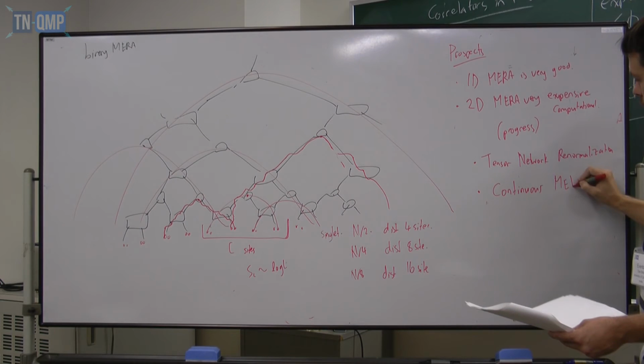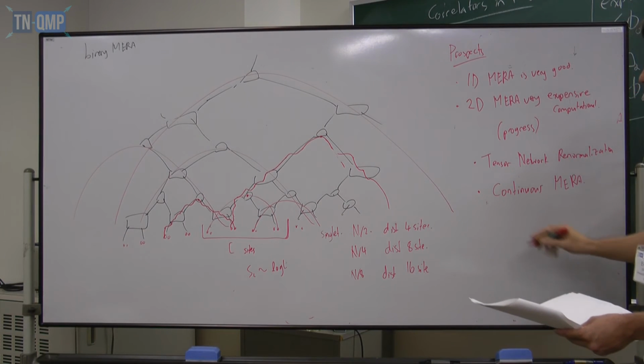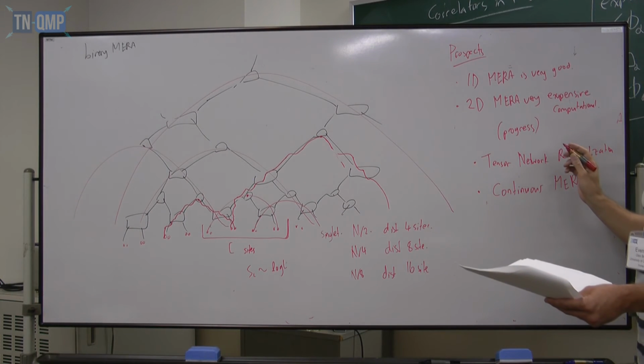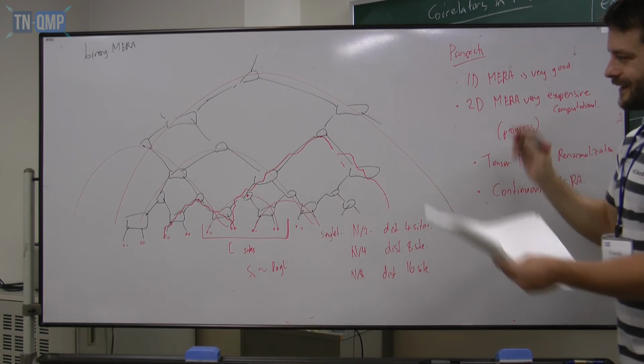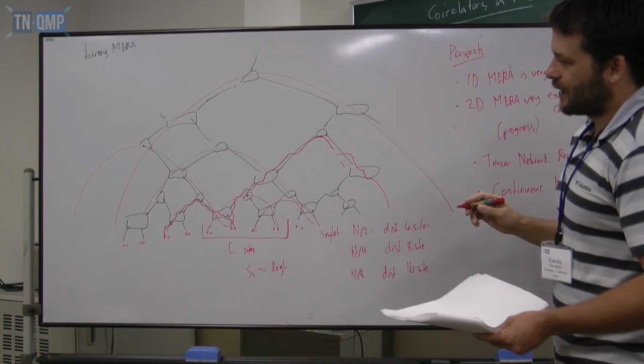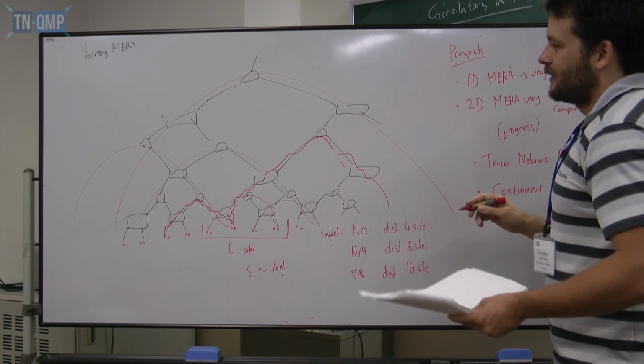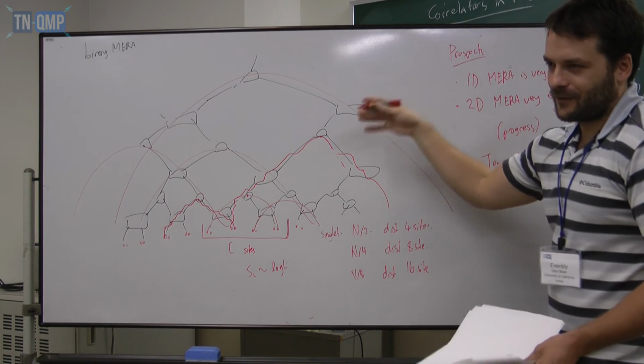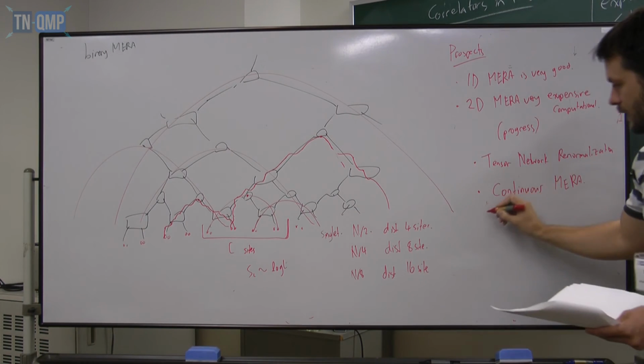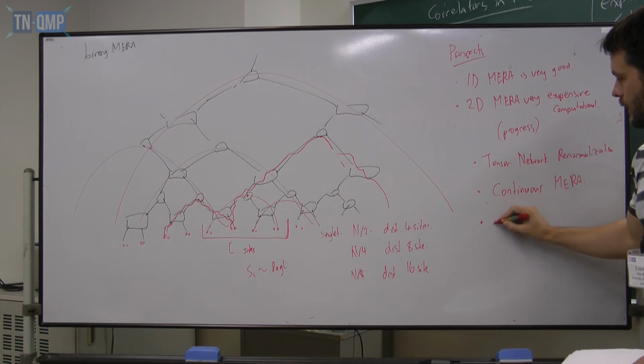We'll also learn from Tadashi Takayanagi about the continuous MERA, the version of this invented by Frank Verstraete, where you no longer have a lattice, you're describing a field theory using similar ideas.